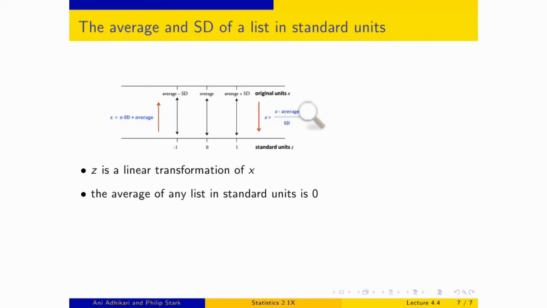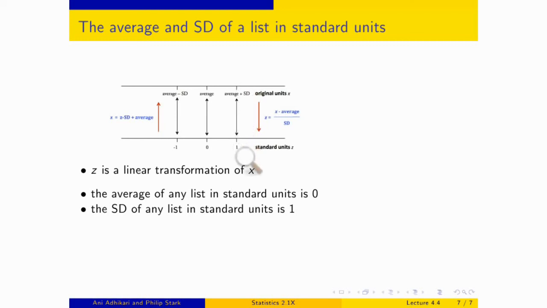After you've done that, you haven't really changed the SD because subtracting off the average is just a shift. But then once you divide by the SD, you're taking your old SD, you're dividing it by itself, you are going to get 1. If you look at any list of numbers that has been converted to standard units, the SD of the list in standard units is 1, again by construction.